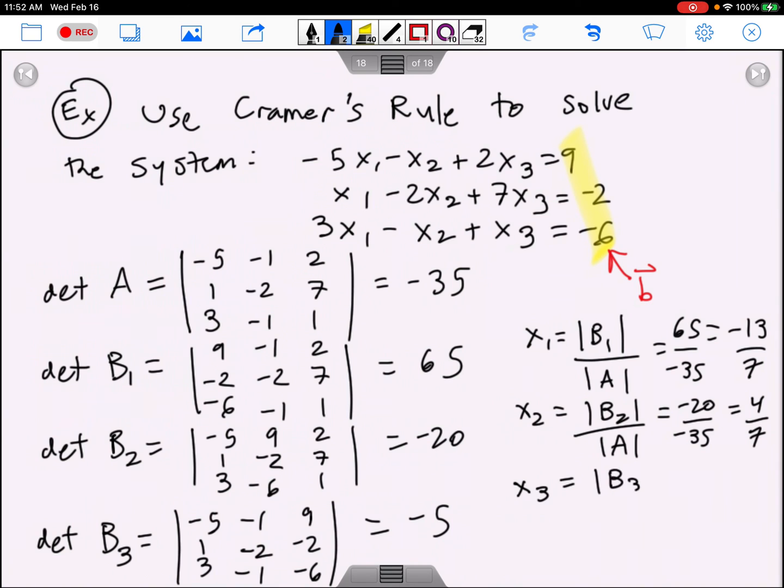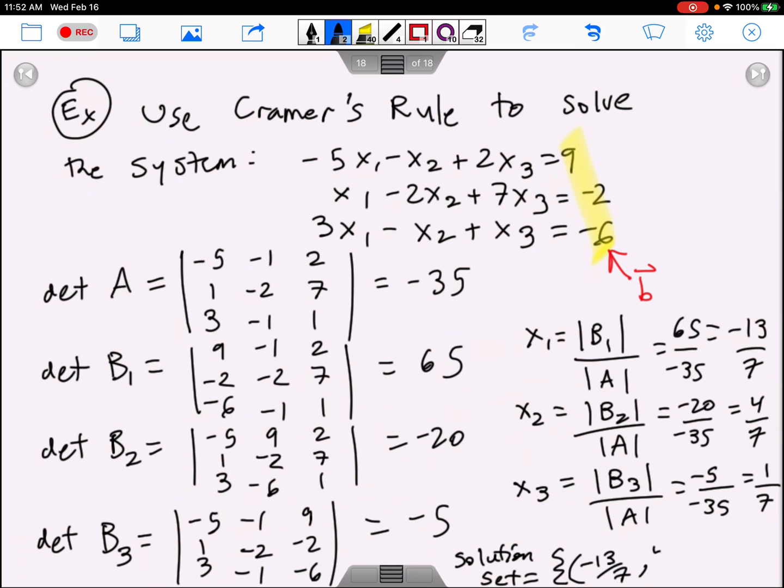And X3 is going to equal the determinant of B3 divided by the determinant of A, which is -5 over -35, which is 1/7. And there you go. We got our solution. Our solution set is exactly this vector, -13/7, 4/7, 1/7.